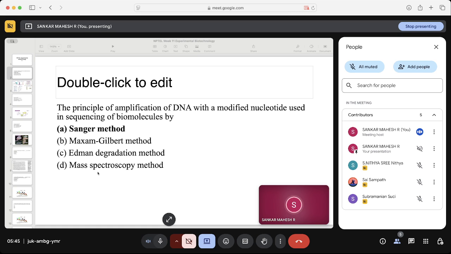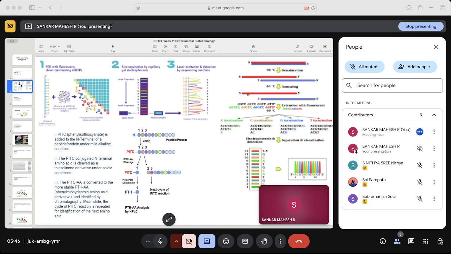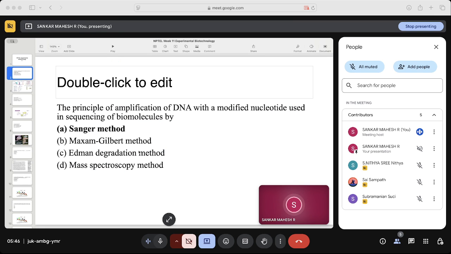Right. Other options? Does anyone want to answer? Nityashri, Subramanian. Okay, so among these, Edmond degradation is another method where you have sequencing of proteins but not nucleotides.